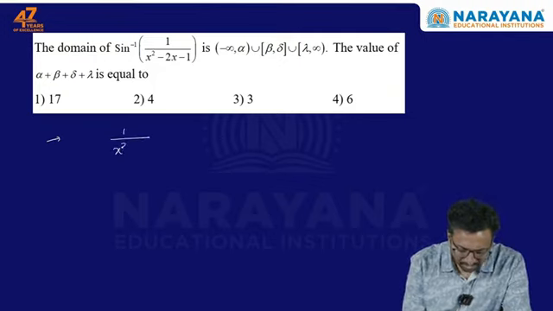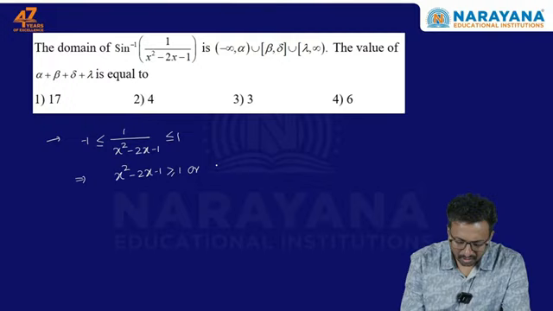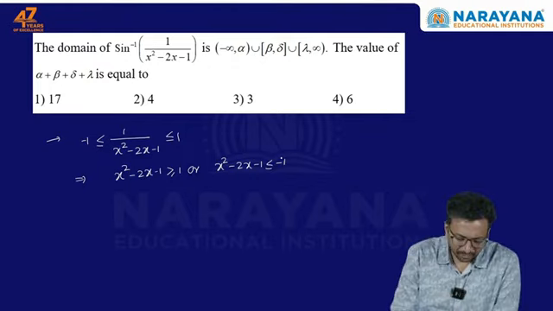So 1 by x square minus 2x minus 1 should be between minus 1 and plus 1. This implies x square minus 2x minus 1 should be either greater than or equal to 1 or less than or equal to minus 1 when you reciprocate that.